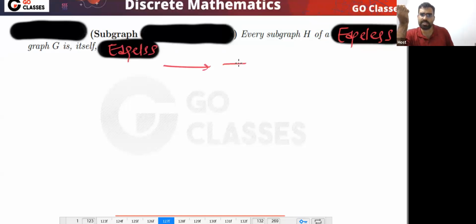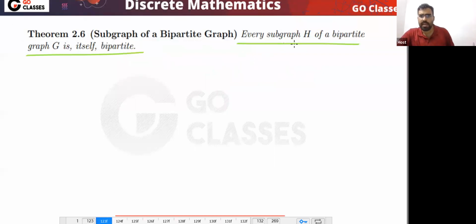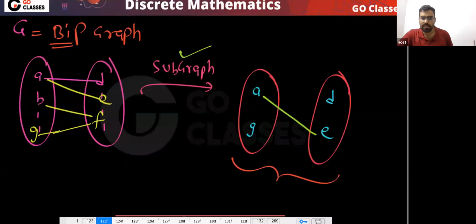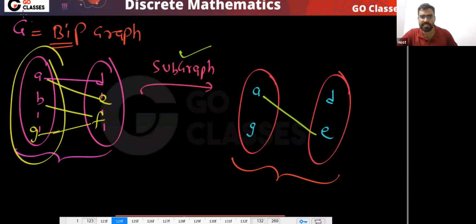Yes, this statement is true. So very simple. Is this clear? All these variations. The proof is very simple, because if you do not have any edge here, then after deletion also you cannot get an edge here.